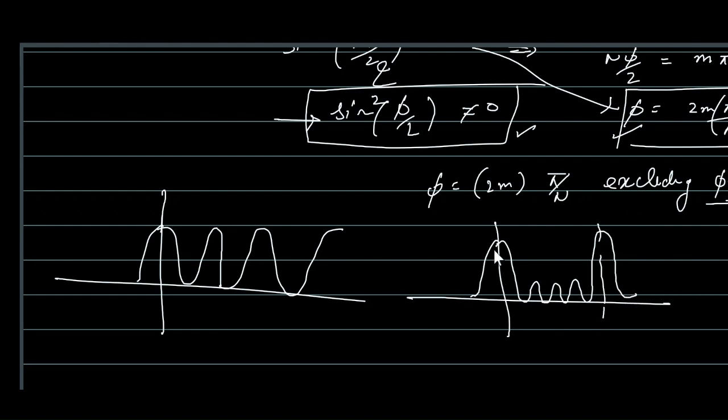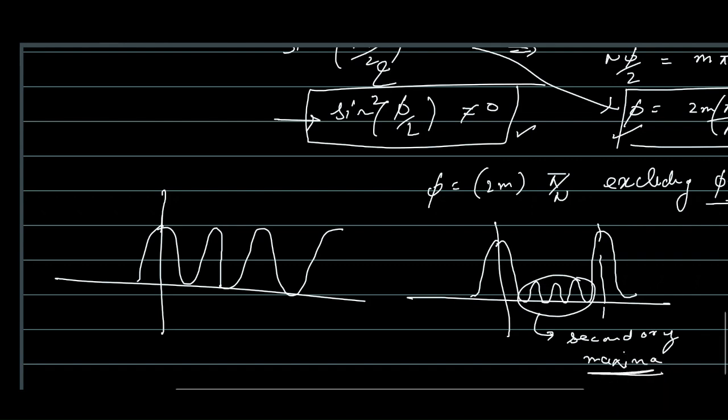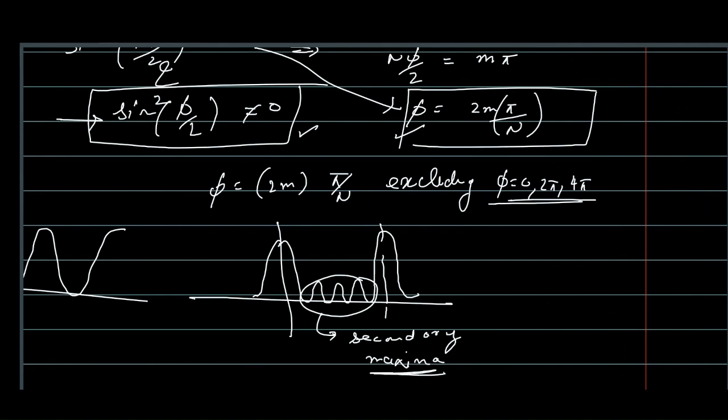This is what we call the secondary maxima, and the condition we'll use to derive the secondary maxima is to differentiate and set the derivative of the intensity to be 0.